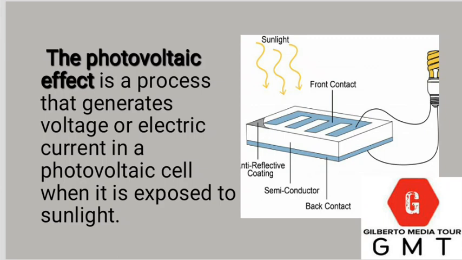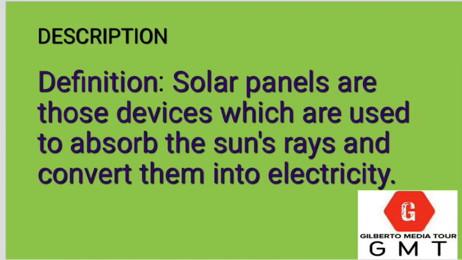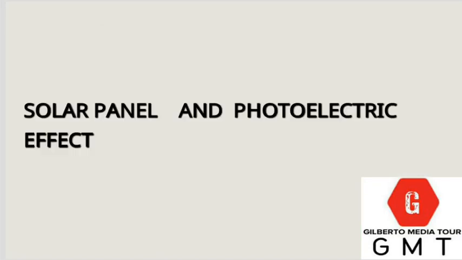Light from the sun is called photons. Photons are carriers of electromagnetic radiation from the sun, so that they can be converted into electricity.